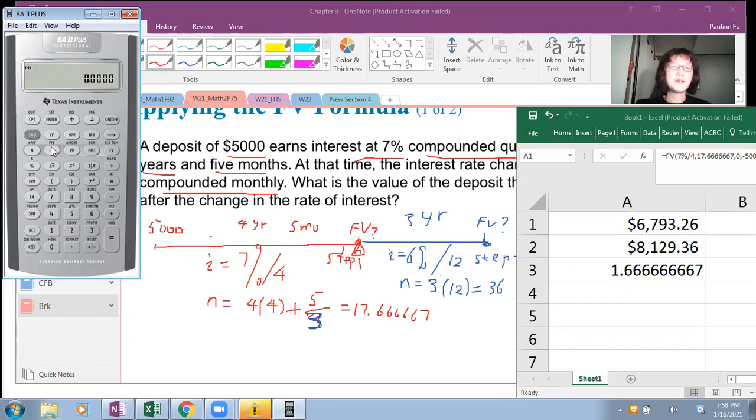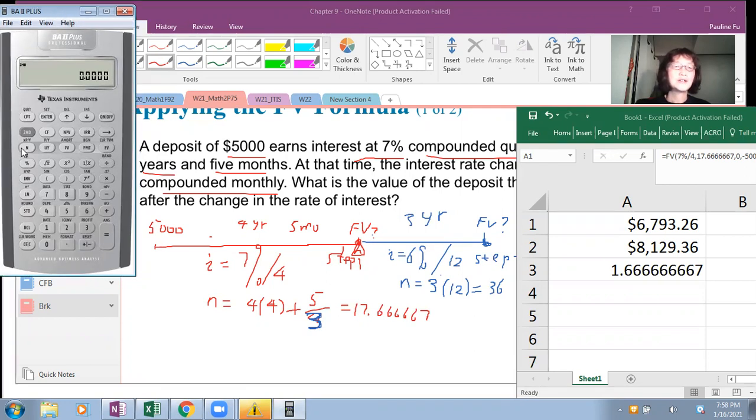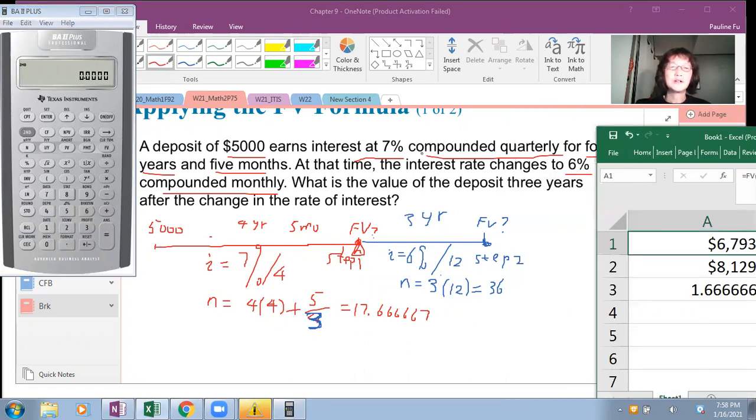So step 1, I will redo the calculator method. PY is 4, CY is 4. So second P/Y, second quit. Then second P/Y is 4, enter.